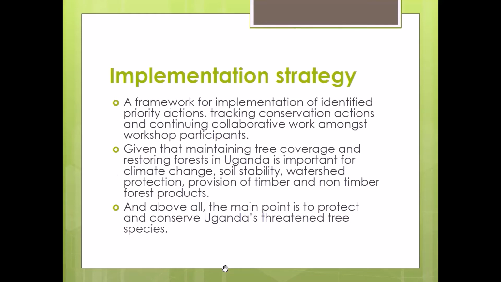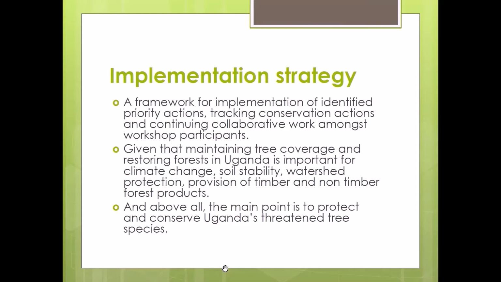As for the implementation strategy, a framework for implementation of identified priority actions, tracking conservation actions, and continuing collaborative work amongst workshop participants is given, considering that maintaining tree coverage and restoring forest in Uganda is important for climate change, soil stability, watershed protection, and provision of timber and non-timber forest products.